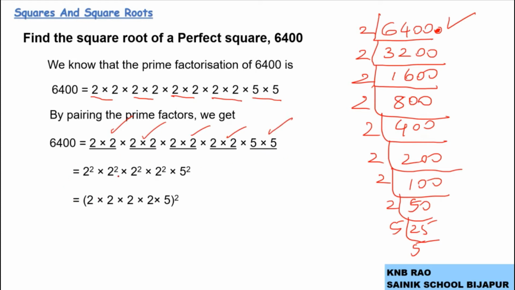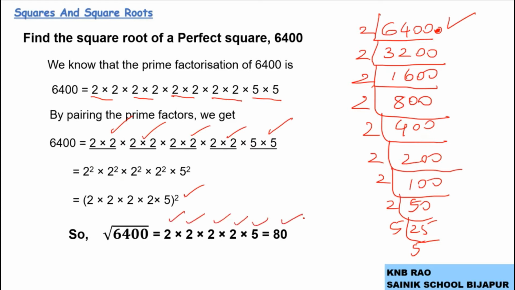So the moment we write 6400 as 2 into 2 into 2 into 5 whole square, then we have square root of 6400 giving us from each pair 1 prime number whose product is 80. Therefore, square root of 6400 is 80.